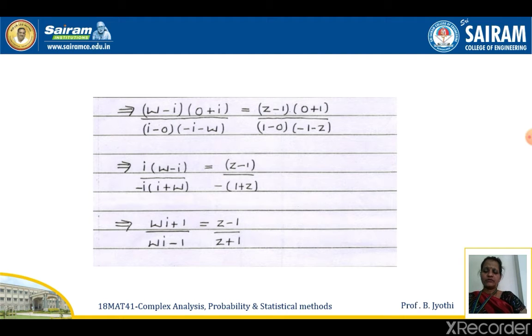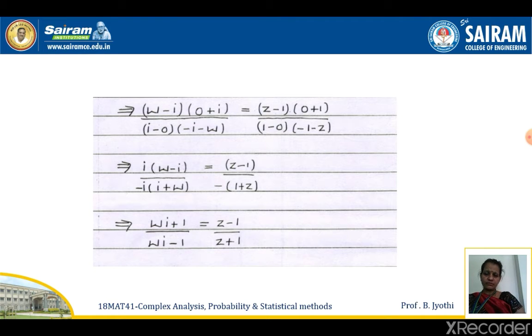Thereby we are getting (W minus I) into (0 plus I) divided by (I minus 0) and (minus I minus W) is equal to (Z minus 1) into (0 plus 1) divided by (1 minus 0) into (minus 1 minus Z).